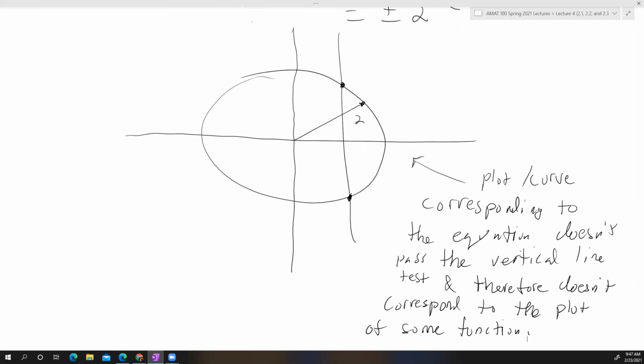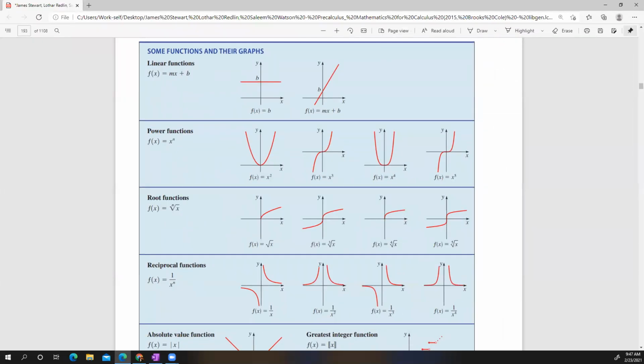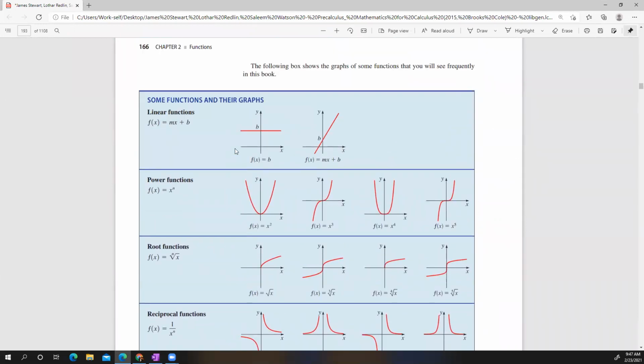Actually, I'm just going to show you this picture right here, this table of some functions and their graphs. This first one is a line. I was going to say you have three cases, including the vertical line, but obviously a vertical line doesn't satisfy the vertical line test.